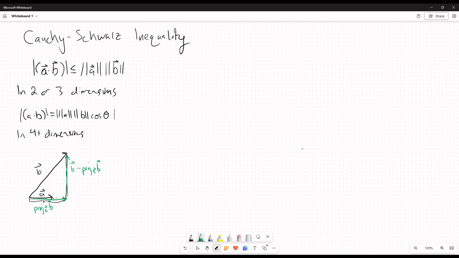And by the Pythagorean theorem, we know that the norm of the projection of A onto B, plus the norm of B minus the projection of A onto B, if you square these and add those together, then you're going to get the norm of the third side.